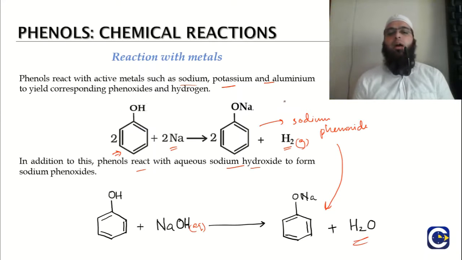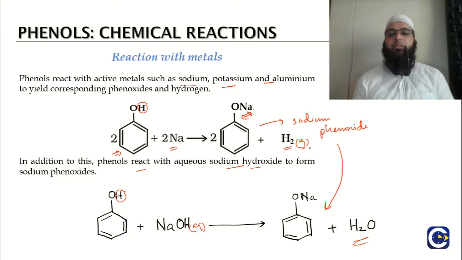But how can we explain this reaction? If you look at what changes are taking place, there is the removal of this hydrogen. In both cases we are removing the hydrogen, and in its place the corresponding metal is substituted.